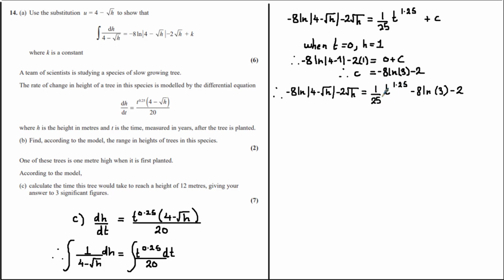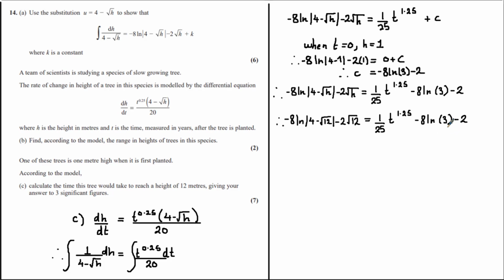So now we have our general equation linking h and t. We can work out the value of t when the height is equal to 12 meters. So let's sub h equals 12 into this equation, and we get the following. Minus 8 ln of 4 minus root 12 minus 2 root 12 is equal to 1 over 25 times t raised to the 1.25 minus 8 ln of 3 minus 2.